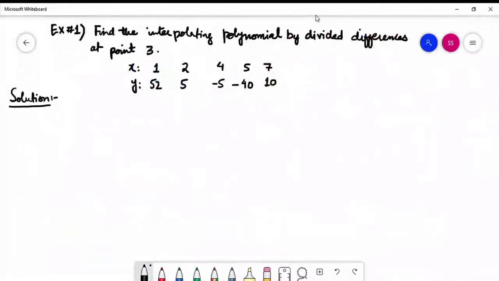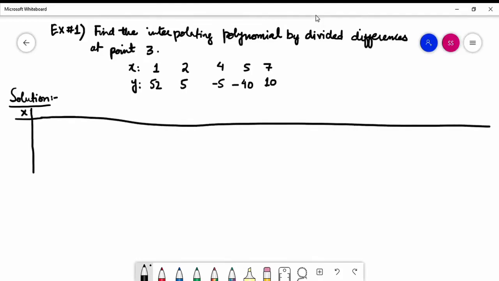Here is the example: find the interpolating polynomial by divided differences at point 3, where the x points are 1, 2, 4, 5, 7, and the y points are 52, 5, minus 5, minus 40, and 10. Now let us construct the table, with x points and y points.